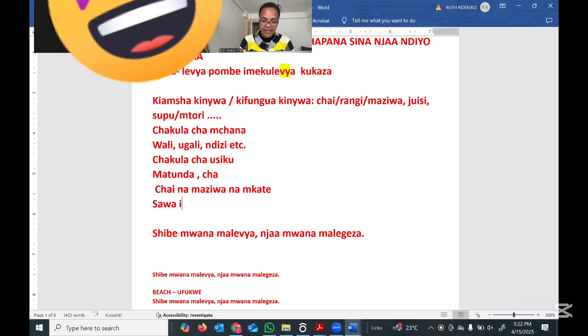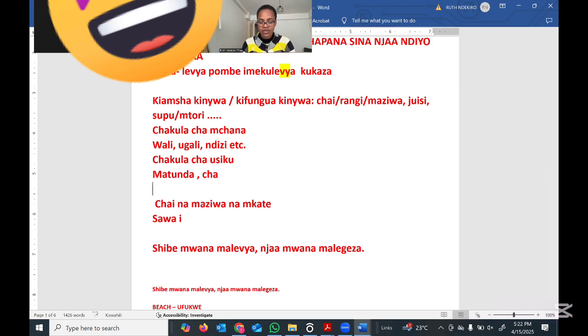Then there is another word. How do you say egg or omelette? Egg? Yai. Yes. And omelette? Yai la kuchemsha au ya kukaanga. The yai can be prepared in two ways. First is chemsha, to boil. You just boil it with the shell, and then kaanga, fry.